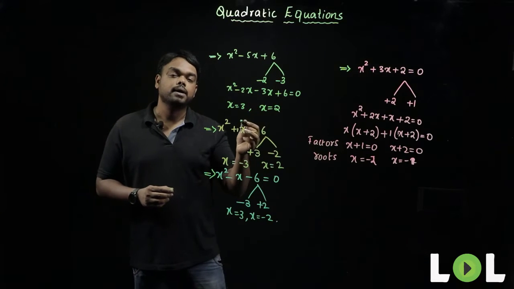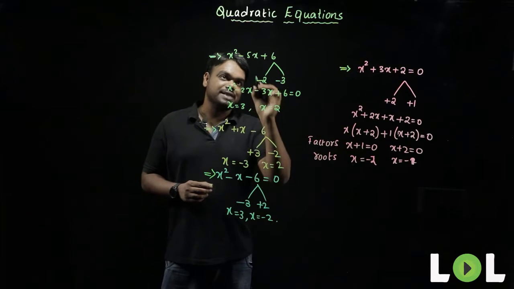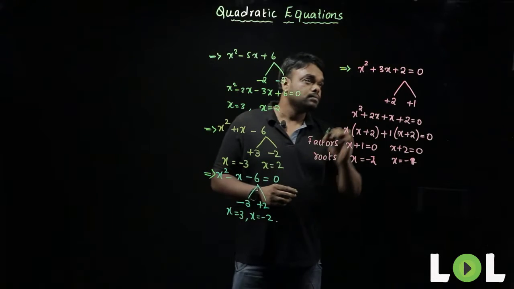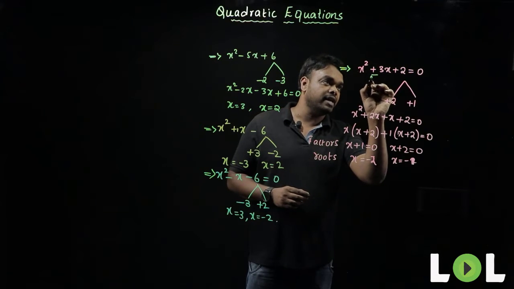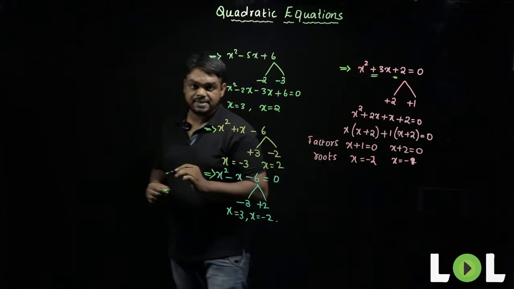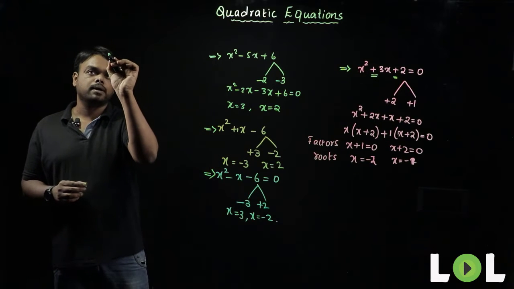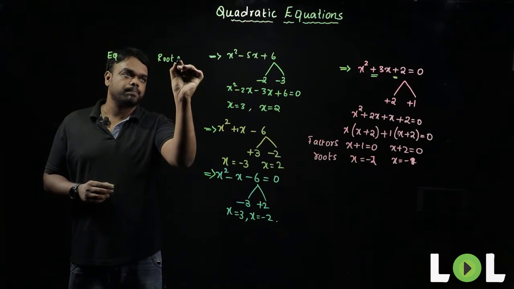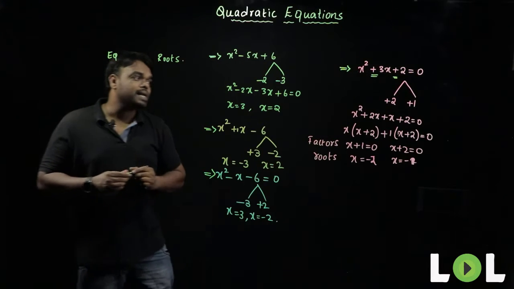And few people use a trick of the signs based on the equations. Now, if you see the signs in the equation here, we have plus and plus. Agree? So let us make a column here. This is about the equation and this is about the roots. Now what is happening?